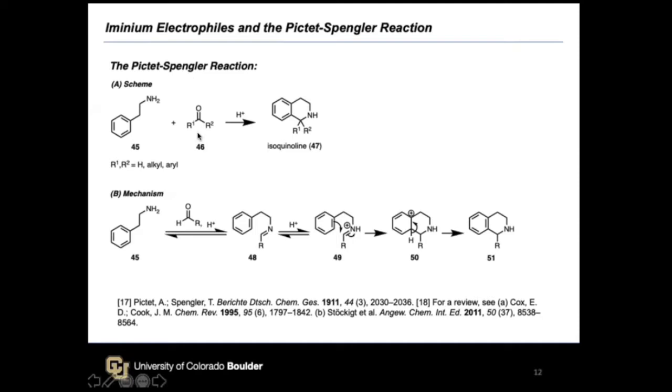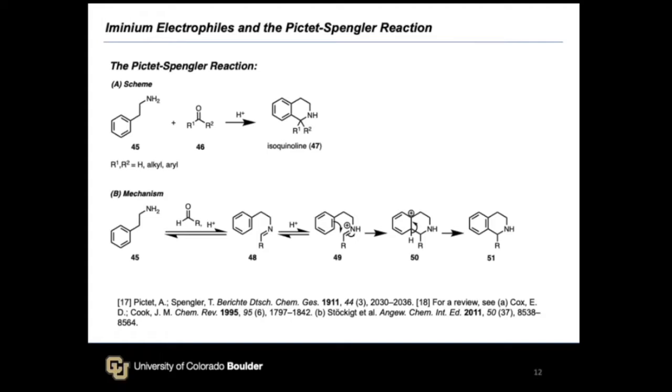Sorry if that sounded like 4 things, but it was supposed to be 3. So after it forms the iminium, the aromatic ring then does a nucleophilic attack on the iminium electrophile, resulting in cyclization. And then subsequent rearomatization gives an isoquinoline product.